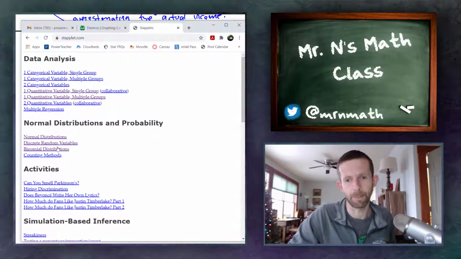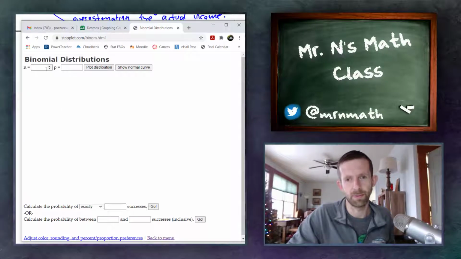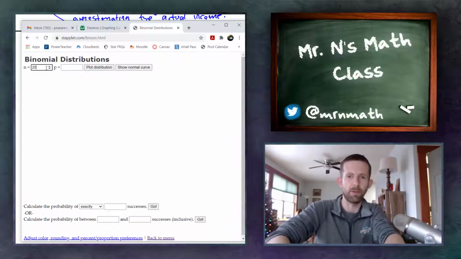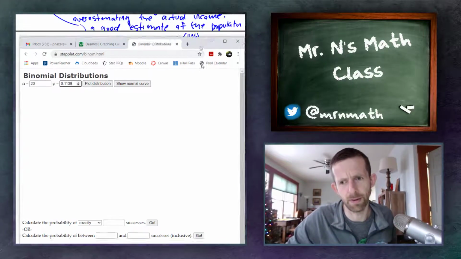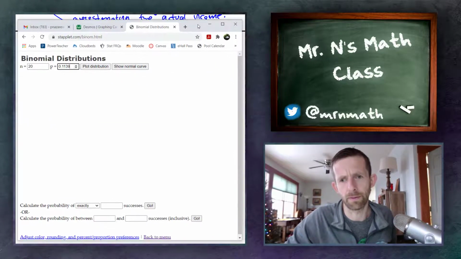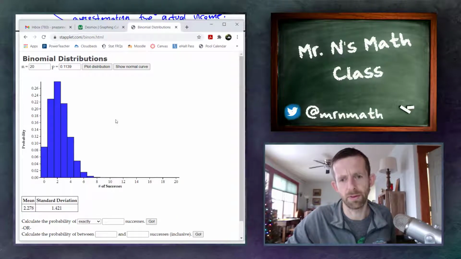So normal distribution, I have 20 people. The probability of any single one of them, is it 0.1139? I don't remember. That seems right. Yes. Plot the distribution.